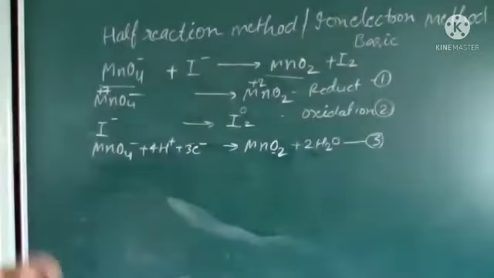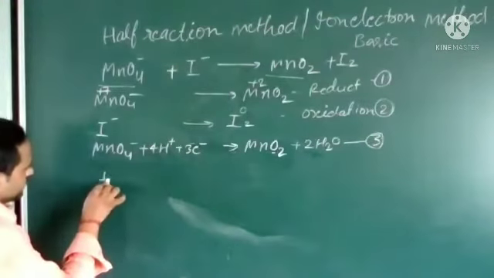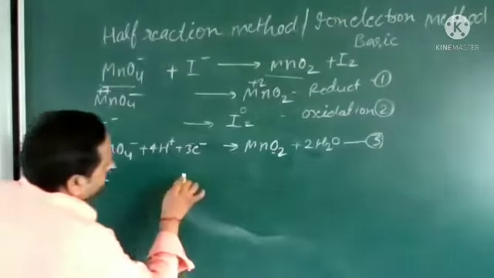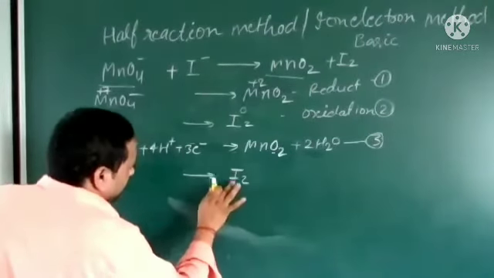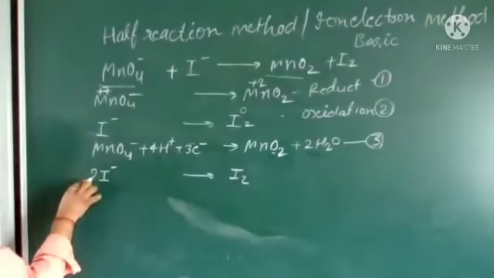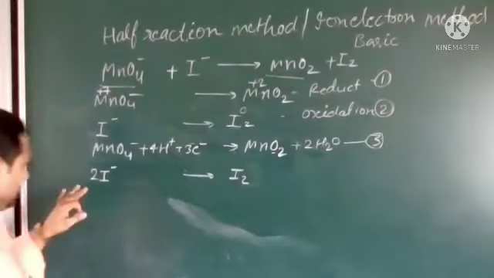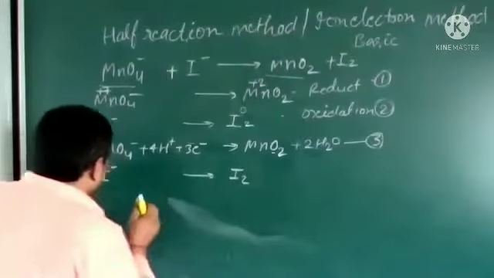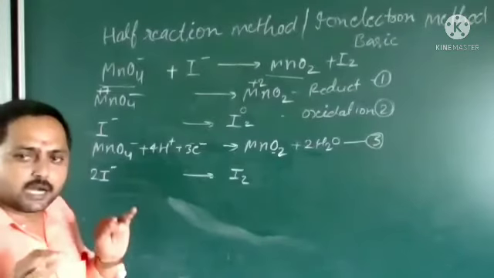The half equation is balanced. Next, I minus is changing to I2. The right side has 2 iodine and the left side has 1, so I will multiply by 2. No other atoms are there, so we do not have to think about anything that is not present.